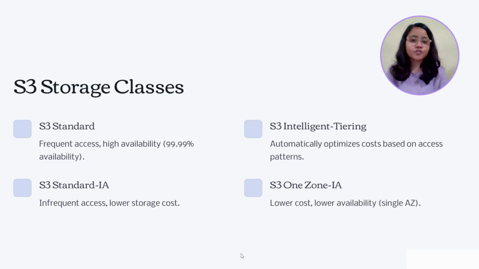You can save up to 40% on storage costs. We will explore the process of selecting the right storage class when uploading files. So there are 6 types of classes: S3 Standard, S3 Standard-IA, S3 Intelligent-Tiering, S3 One Zone-IA, S3 Glacier, S3 Glacier Deep Archive.